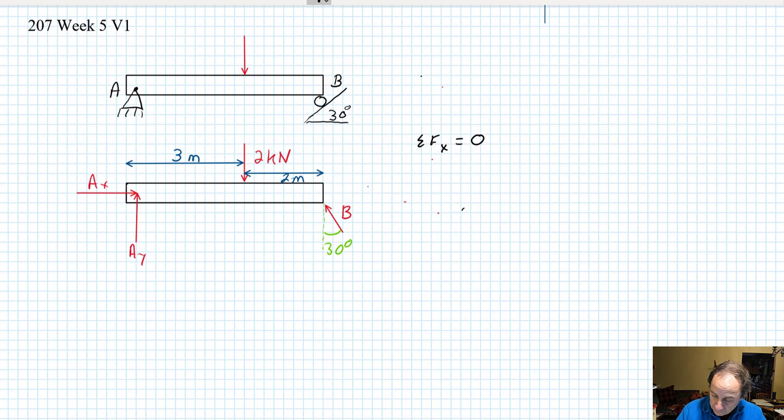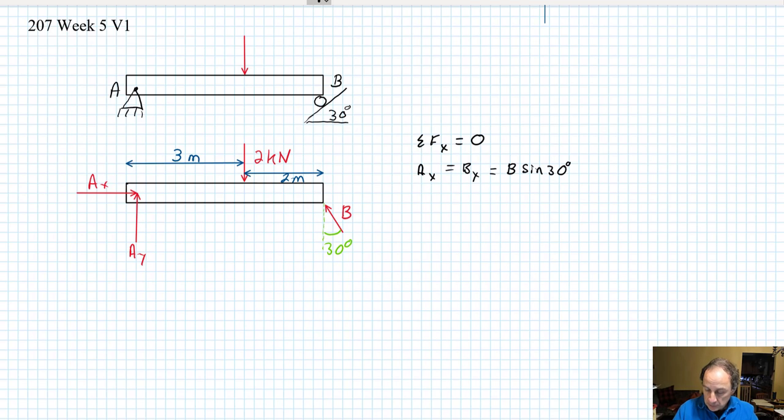So we have AX. AX must equal BX. Those are the only two forces in the x direction. And BX equals B, the magnitude of that vector, times the sine of 30. Okay, that's our forces in the x direction.